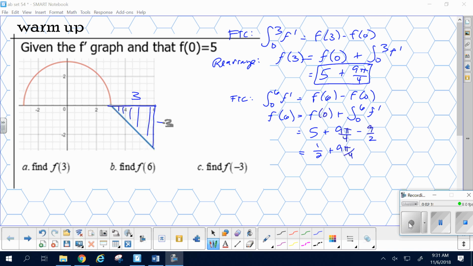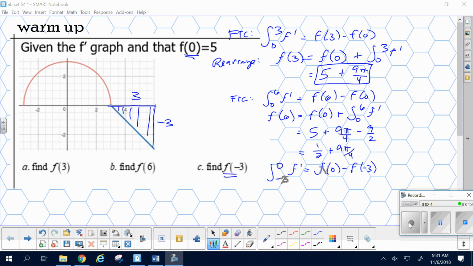All right, and then f at negative 3 involves a little of the going backwards. I beg you, please go least x value to greatest x value. So I want to get f of negative 3 in here, and I want to use f at 0 because that's what I'm given. Negative 3 comes first. By the fundamental theorem, that's f at 0 minus f at negative 3.